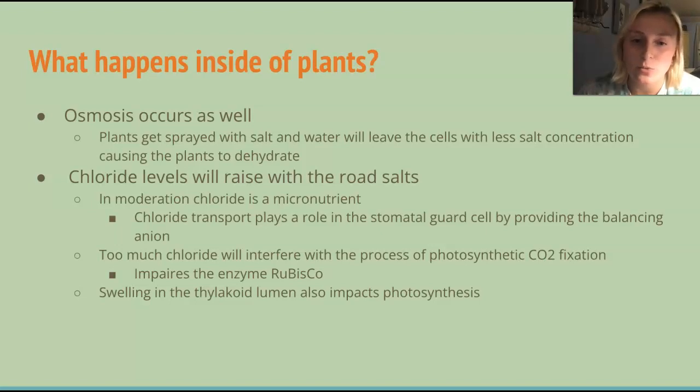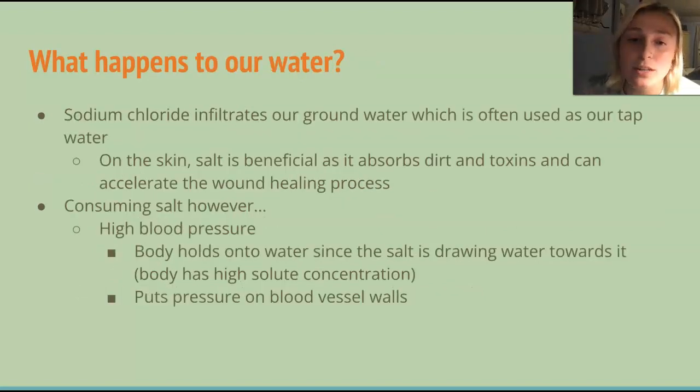And also the swelling of the thylakoid lumen impacts photosynthesis. Those last two things were very tricky to try to find more information on, and it's late. So here we are moving forward.